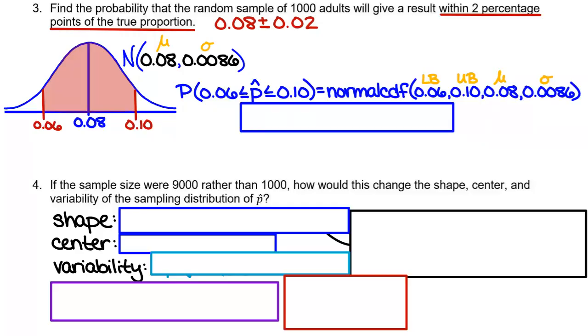Yes, mean and standard deviation. Please make sure you are labeling these pieces when you write them down. And then you pop that all in your calculator, and you get about what? 0.979, 0.98, depending on how you round it. I'm okay if you write down 0.98.